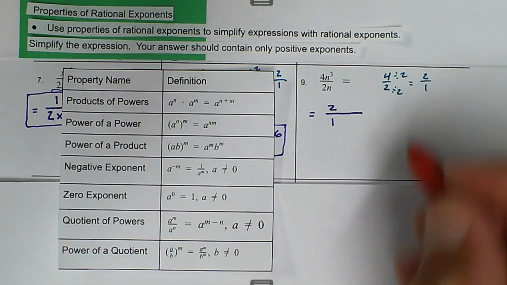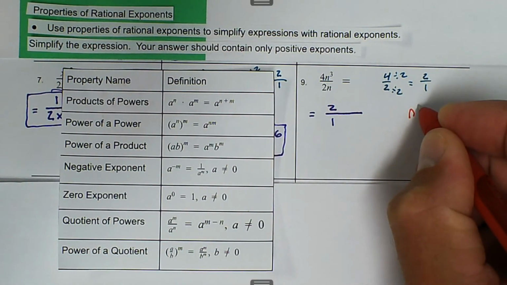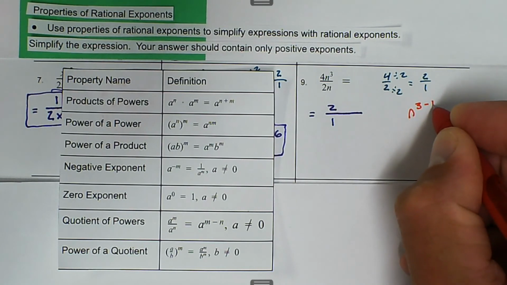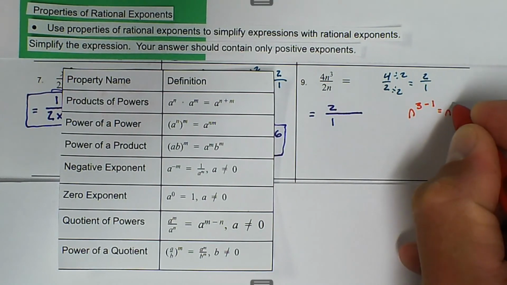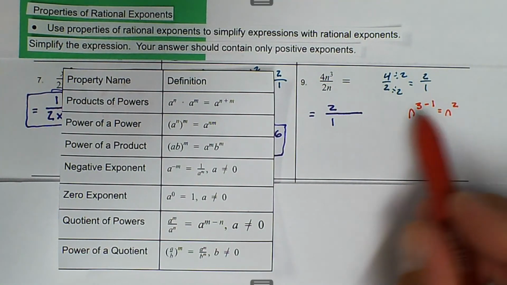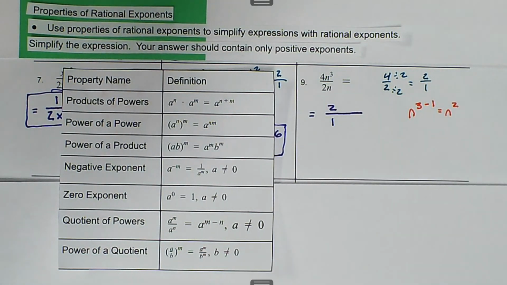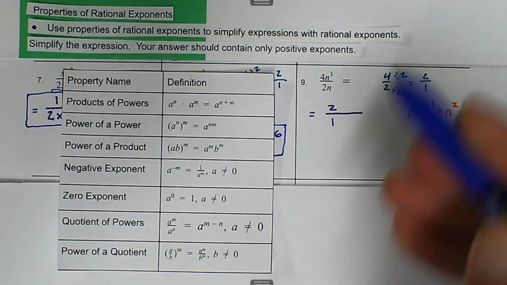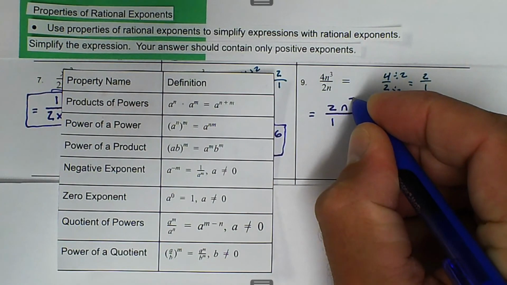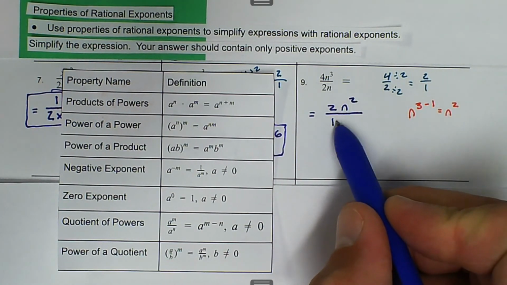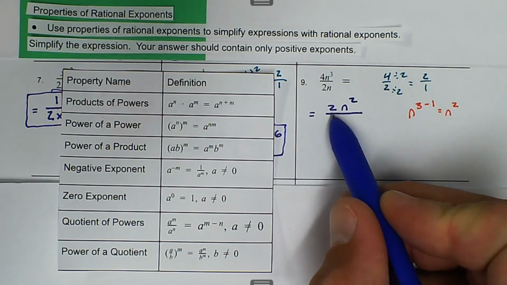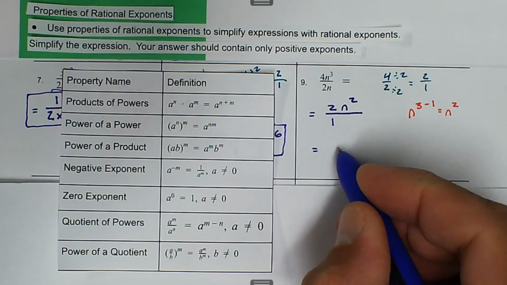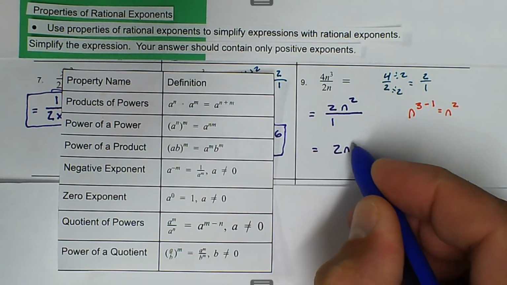We can subtract the exponents. So n to the third minus 1 is n squared. Now this is positive, so we're going to leave it in the numerator. We don't have to write the 1. It's understood that it's always there. So then we get 2n squared.